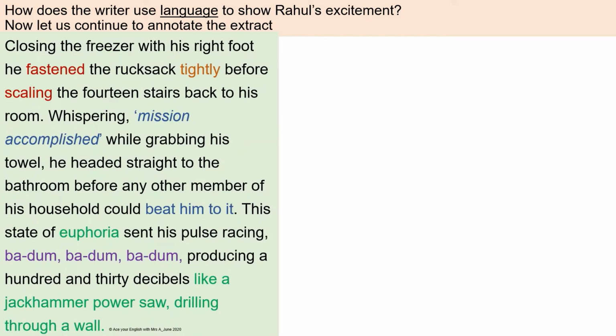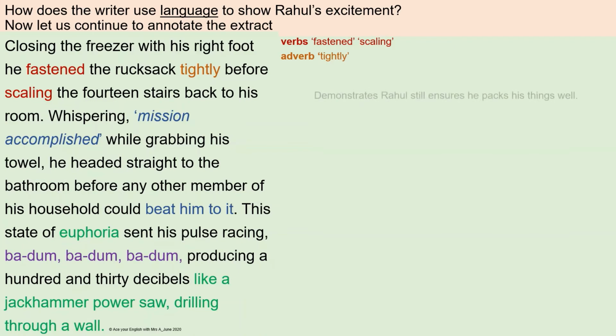So again, a few more reds and browns and blue and green and purple. And what are they? I'm sure you would have found those verbs and the adverb. And here I'm trying to also say a few things about them.